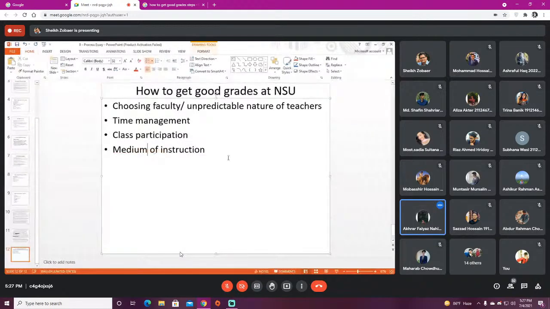Communicating with seniors and classmates. Communication. I mean communicating with teachers outside the class time and also your classmates. And so all kinds of communication can be discussed under this section. Right. Good. We have 5 points.